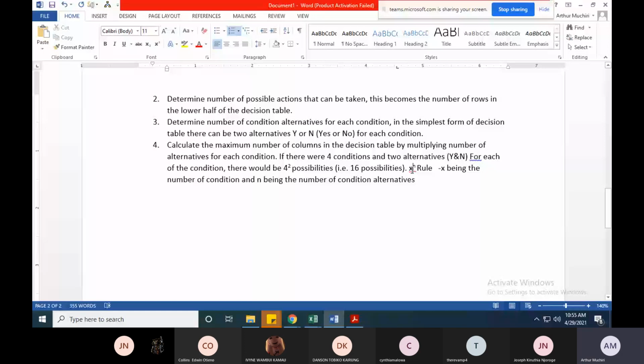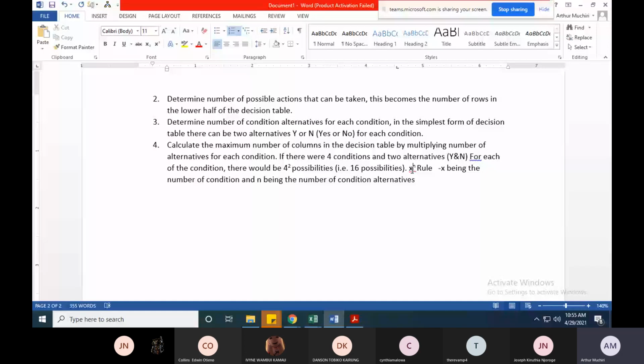X is better, because you can have any number of conditions, including 4. So if you have 4 conditions and n is yes and no, two alternatives, then 4 to the power 2 is 16. So you're going to have 16 columns in that section, and that's quite a big one.